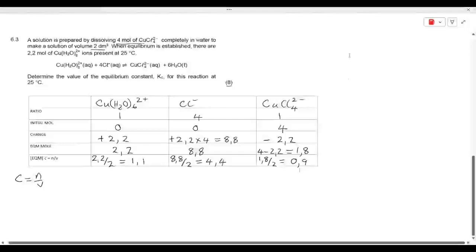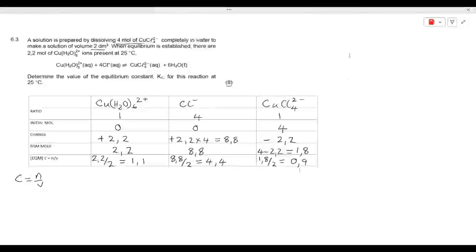Now the next thing is to write down our Kc expression. And one thing that you need to remember, we know that Kc is given by the concentration of the products divided by the concentration of the reactants.